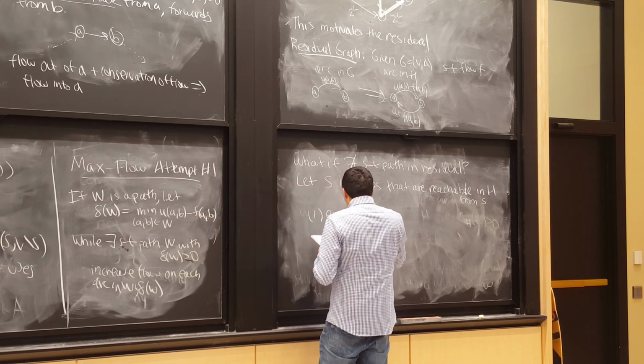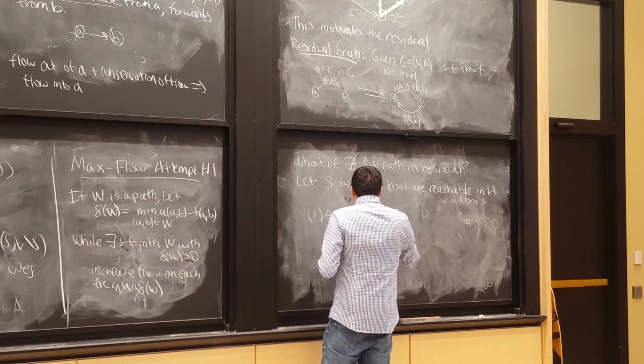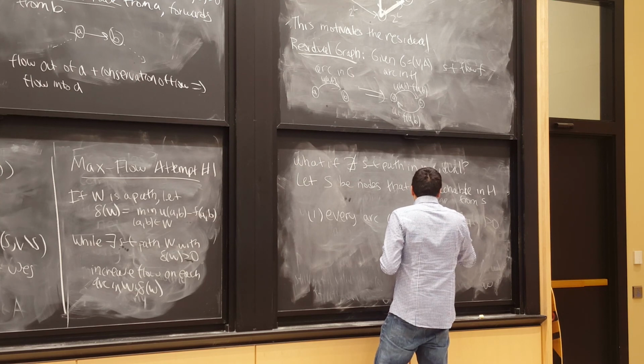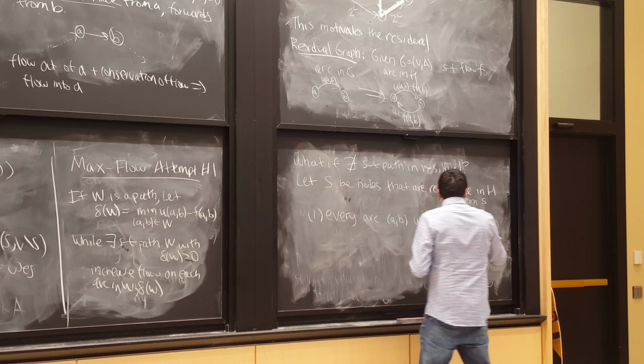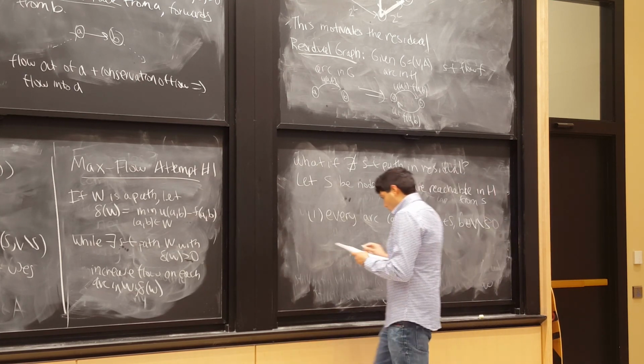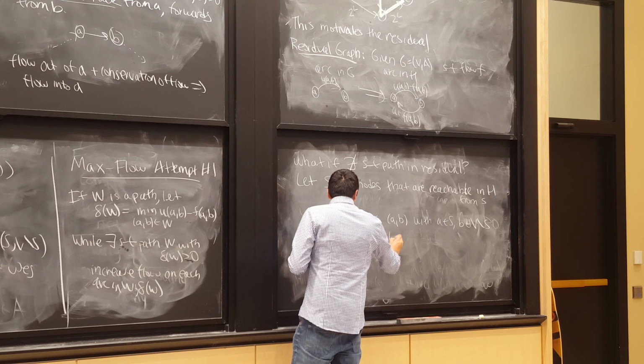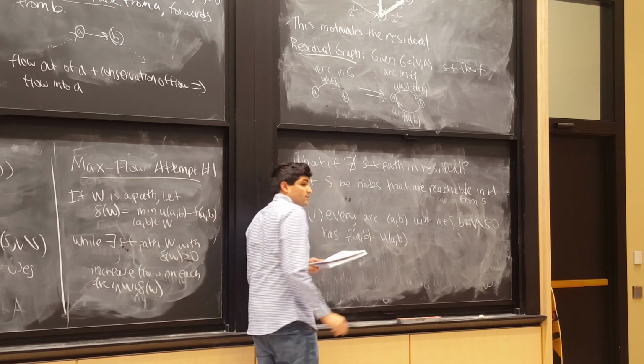So what I claim is every arc AB, which goes from S to the complement, is actually saturated. So it has its flow equal to the capacity of that arc.